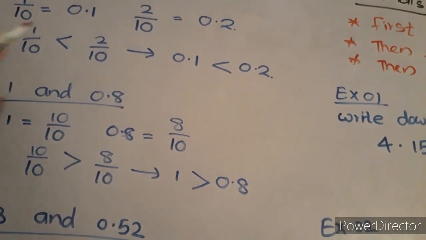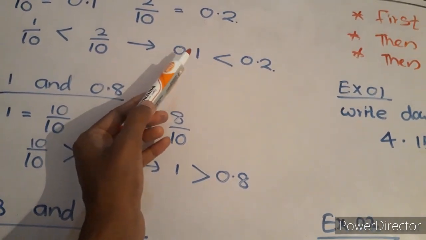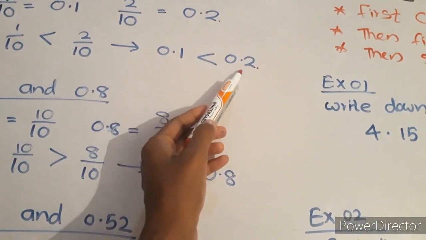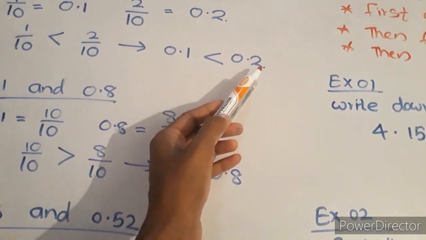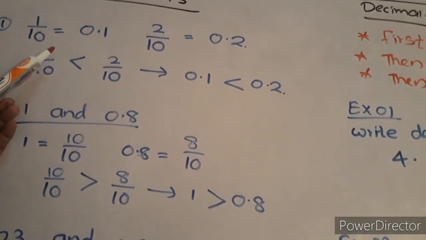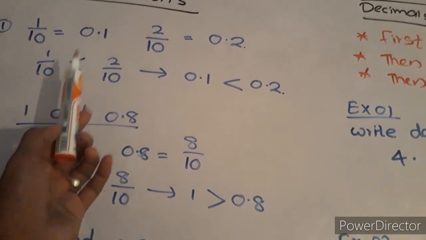So 1 upon 10 is equal to 0.1, so it's less than 0.2. Then what is the greater? 0.2. So if you get two decimal numbers, you have to convert them into fractions. Then you can compare them very easily.